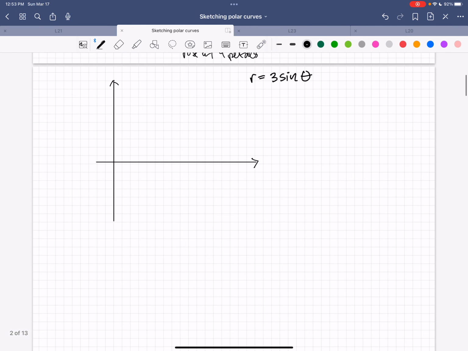Okay. Now we're going to look at r is equal to 3 sine theta. So again, I'm going to start off with the graph of r is equal to 3 sine theta, just like this. So 3 sine theta means that we're going to have a high of 3 and a low of negative 3. And the period is just 2 pi.